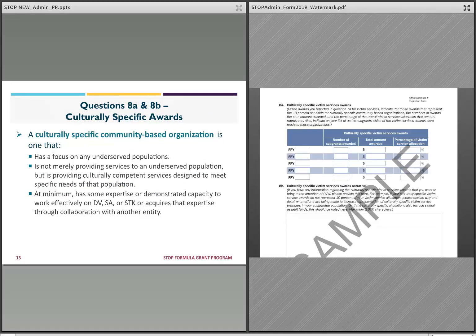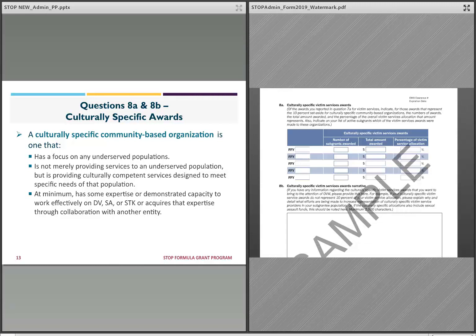Questions 8A and 8B ask about culturally specific awards. Both of these questions are operating off of a definition of culturally specific community-based organizations. That is three-part. One, to qualify as a culturally specific community-based organization, they must have a focus on any underserved population.